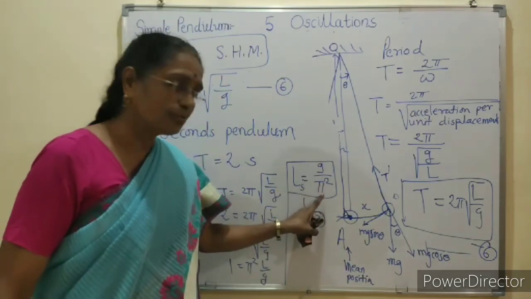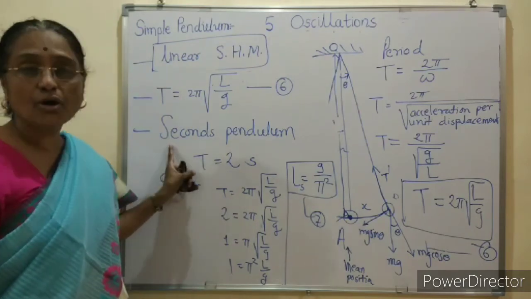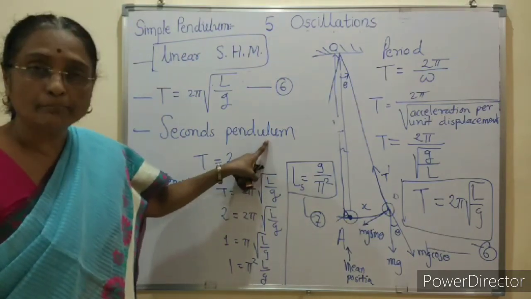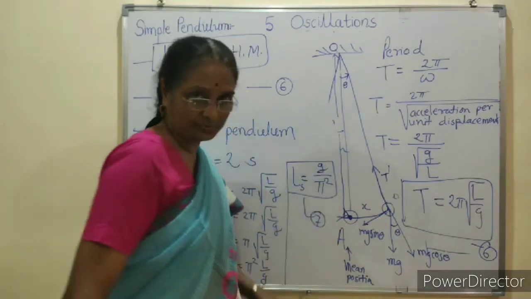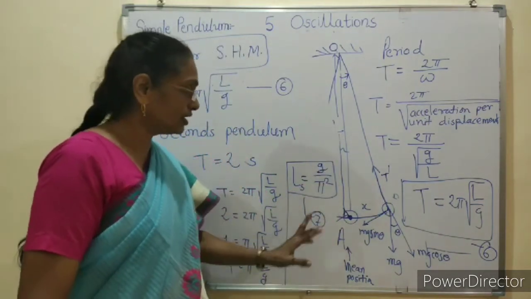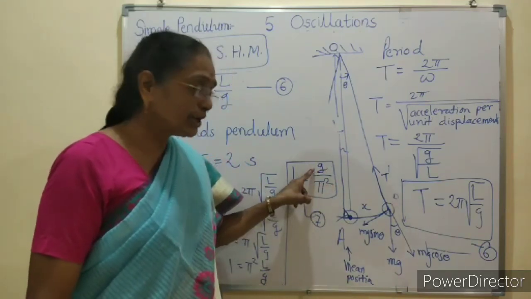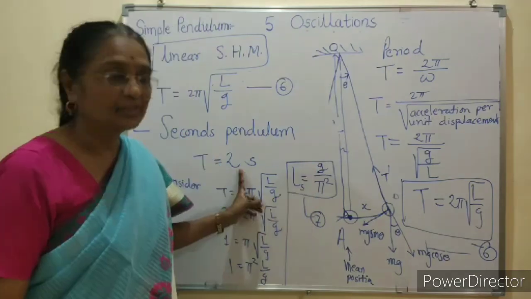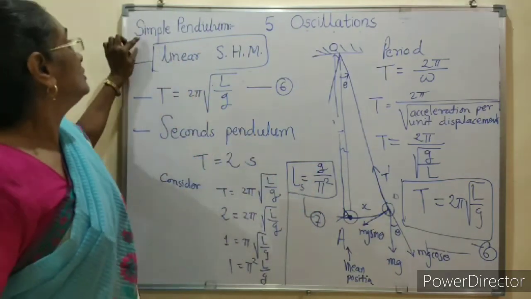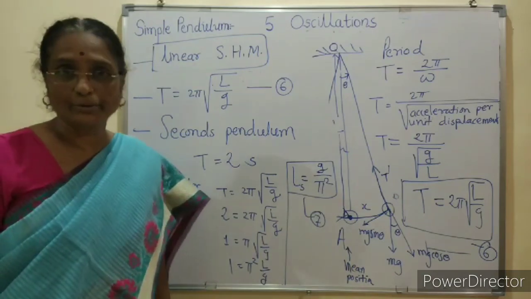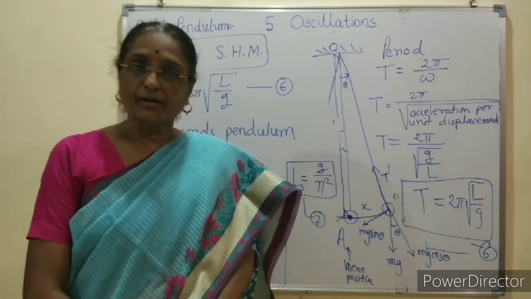Ls is equal to G upon pi square. It is the length of seconds pendulum, where the acceleration due to gravity is G. So from this relation we can calculate the value of acceleration due to gravity. So this is last point in the study of simple pendulum. So today we stop here. Thank you.